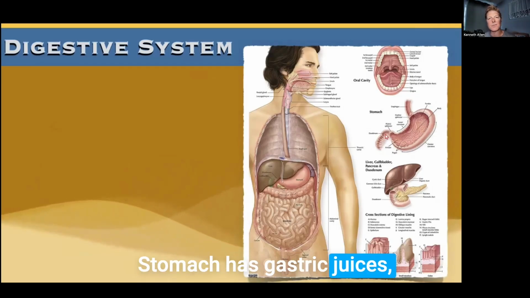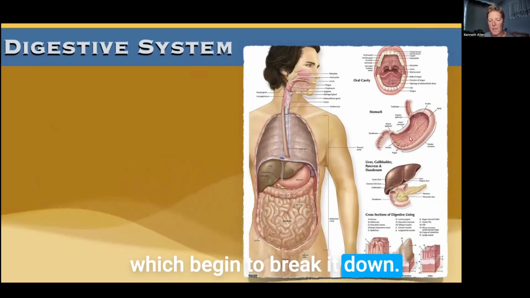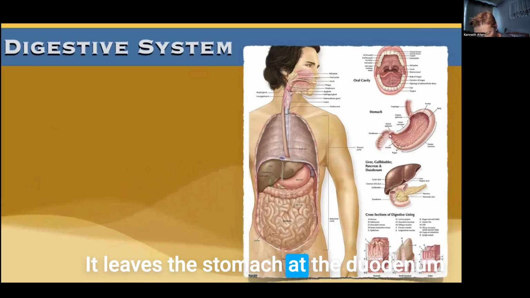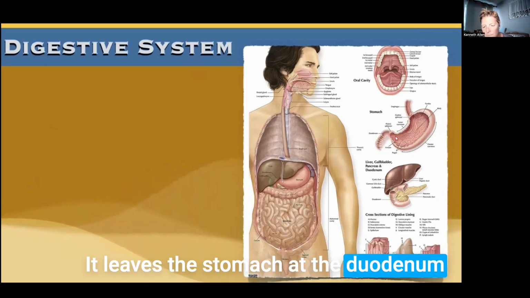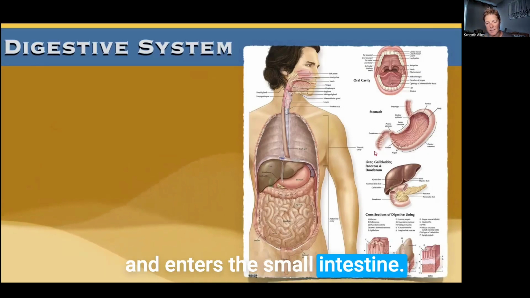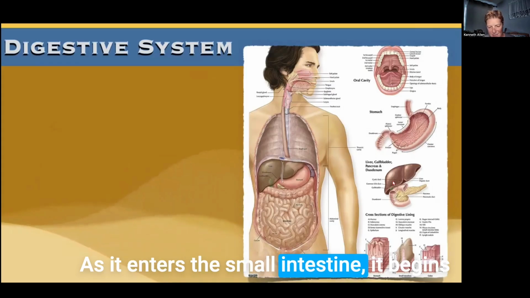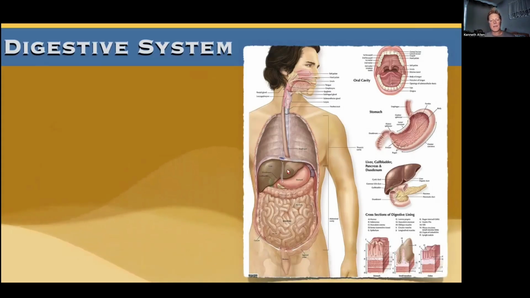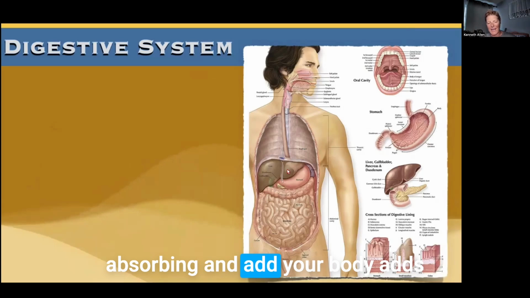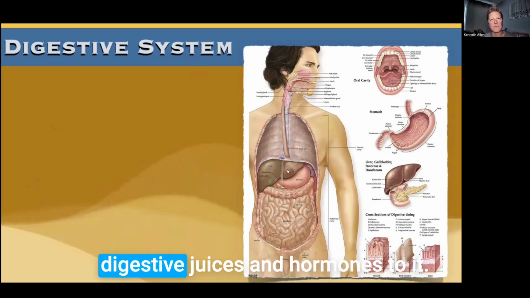Stomach has gastric juices, which begin to break it down. It leaves the stomach at the duodenum and enters the small intestine. As it enters the small intestine, it begins absorbing, and your body adds digestive juices and hormones to it.